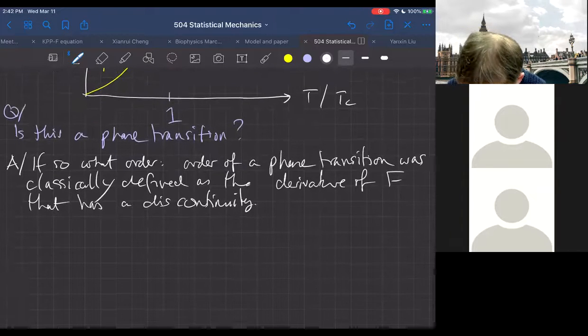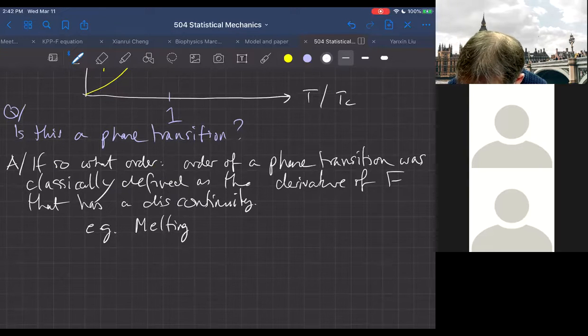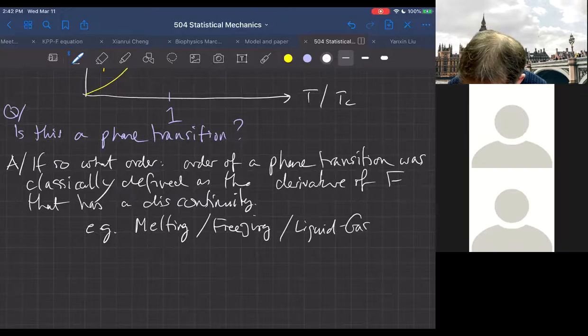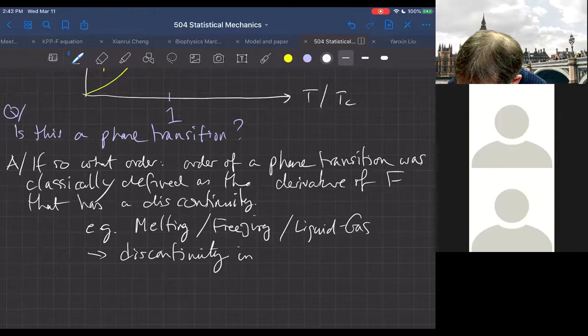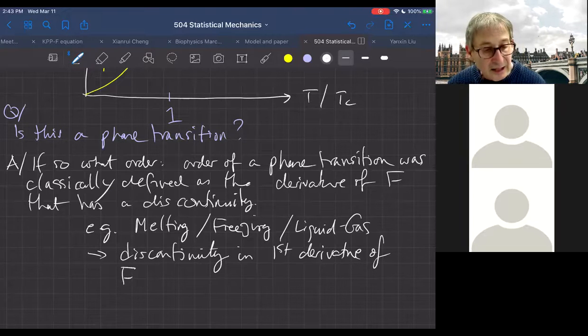For example, melting or freezing or liquid-gas gives you a discontinuity in the first derivative of the free energy, so a discontinuity in the entropy, and those are called first order transitions.